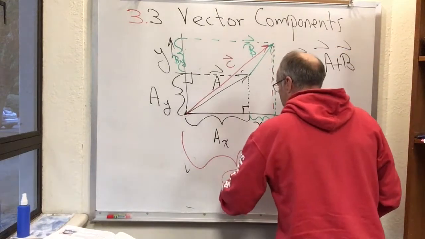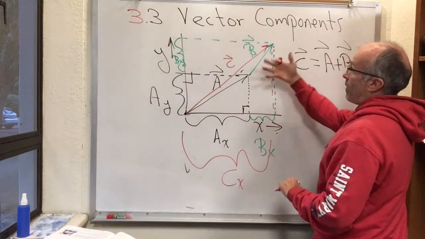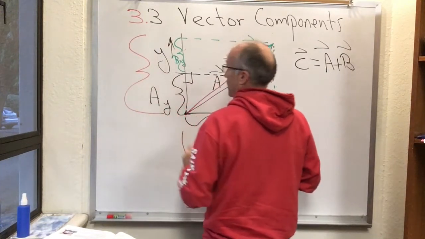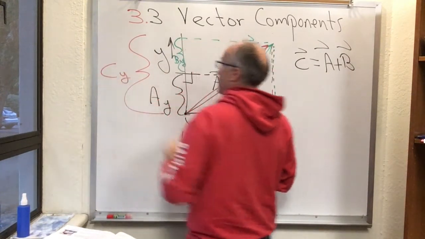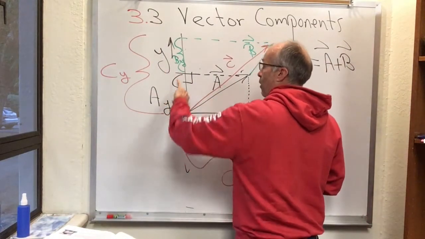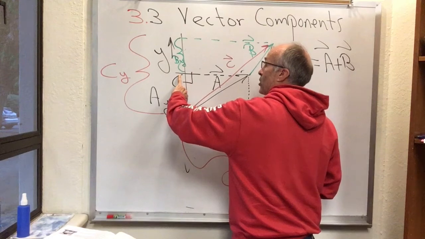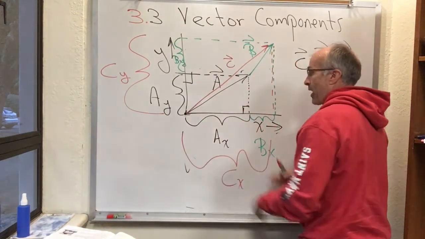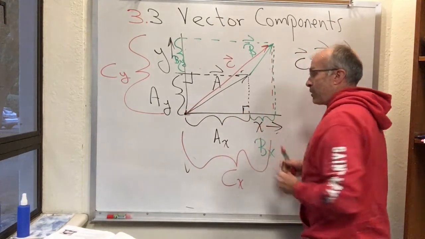That would be C sub x. And if I cast the shadow onto this axis, the shadow of C in that direction, that's C sub y. And notice that the shadow, C sub y, has the length which is just A sub y plus B sub y. And the shadow, C sub x, is just A sub x plus B sub x.